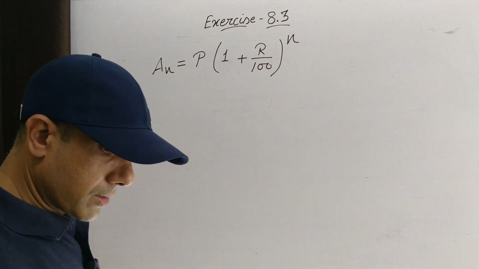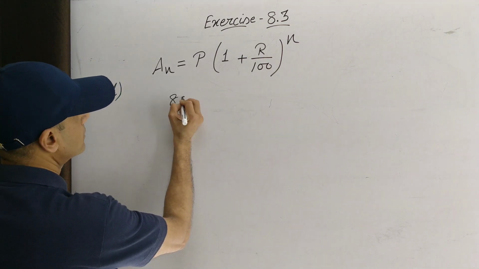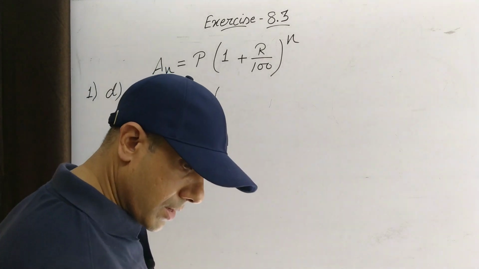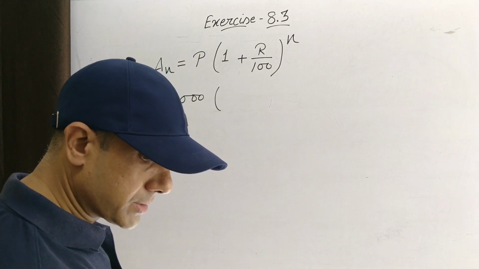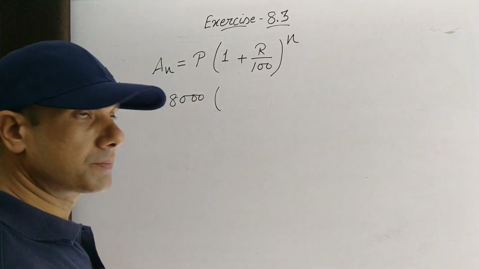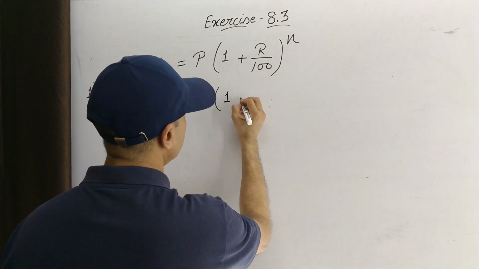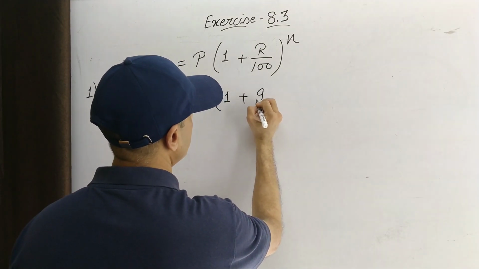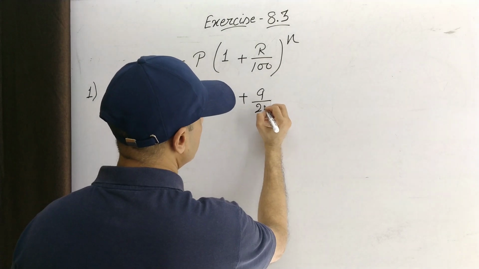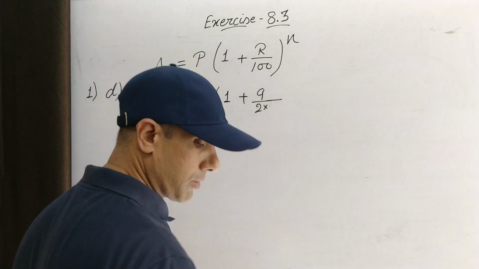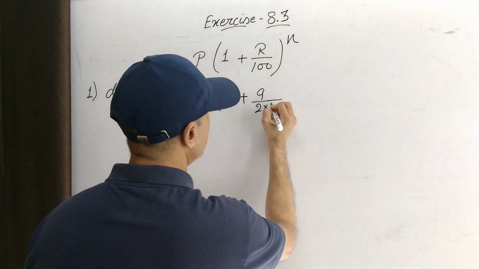Part D, amount is 8,000 rupees for 1 year at 9% per annum compounded half yearly. Again, like the previous one. So interest is 9% per annum, so interest is 9 by 2, half of that per half year, that is in 6 months, because it is getting compounded half yearly.